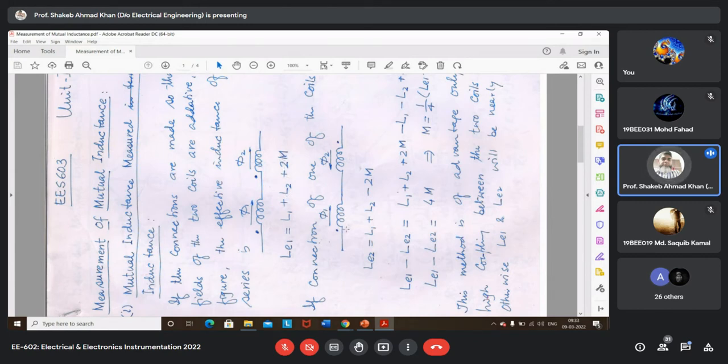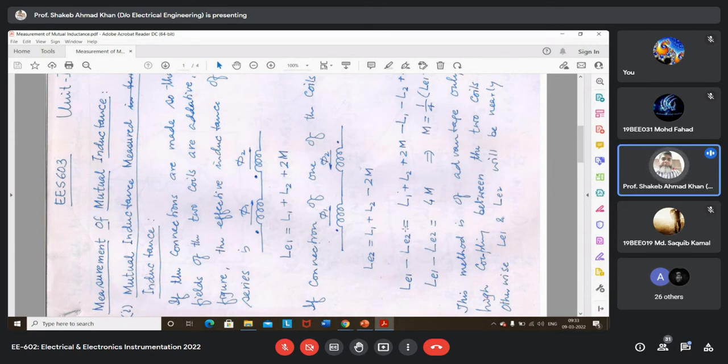Now we can connect this terminal here, so it will be like this. Here you can see that, as per the polarity, the fluxes are opposing each other. Our objective is to measure the mutual inductance that exists between these two coils.